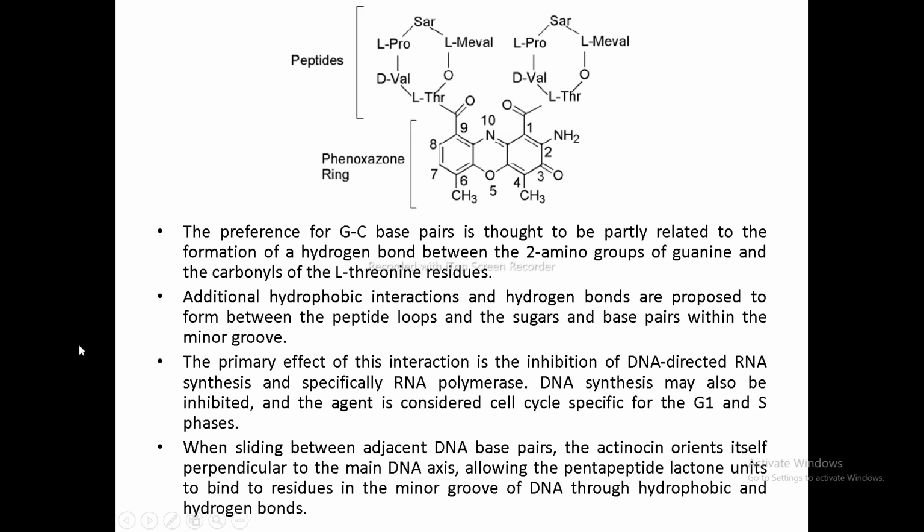They contain a tricyclic aromatic ring, and this ring gets inserted into the DNA base pairs, and after insertion they inhibit the DNA replication process. Whereas these peptide chains also bind to the minor groove of the DNA, and they participate in the inhibition of the DNA replication process.